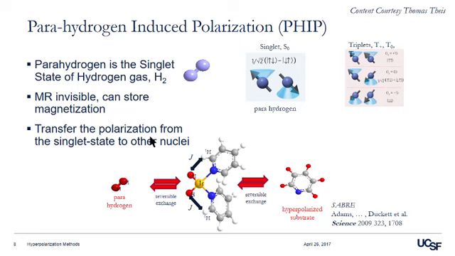Then, a little bit more related to DNP, are the parahydrogen-induced polarization methods. At a very high level, these rely on the fact that parahydrogen, which is the singlet state of hydrogen gas, is MR invisible, but it can store magnetization. All parahydrogen methods, of which there are a number, I've shown an example here, SABRE, there's PASADENA, and some other acronyms, are based on having parahydrogen and converting that polarization into some other nuclei.